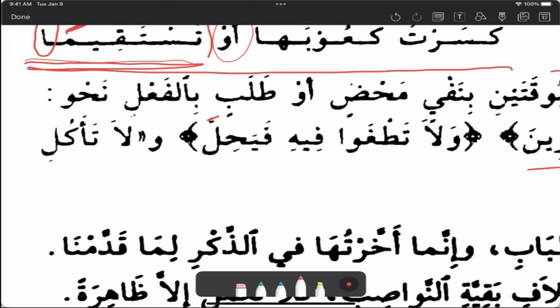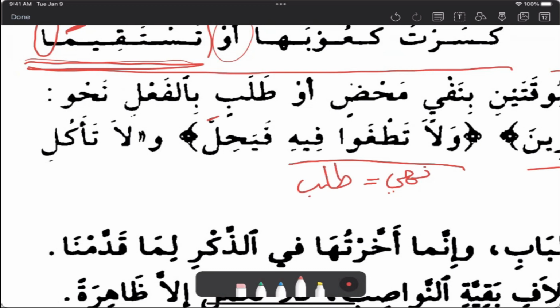What you want to do is put words to these meanings. Give names to all these meanings. Here's the meaning. La tatughaw, don't transgress. What kind of meaning is that? That's a nahi, prohibition. And a nahi is a type of talab, a seeking. Seeking is a meaning.